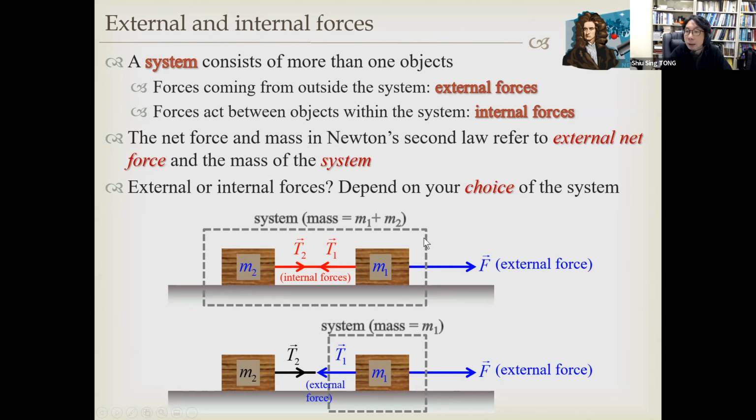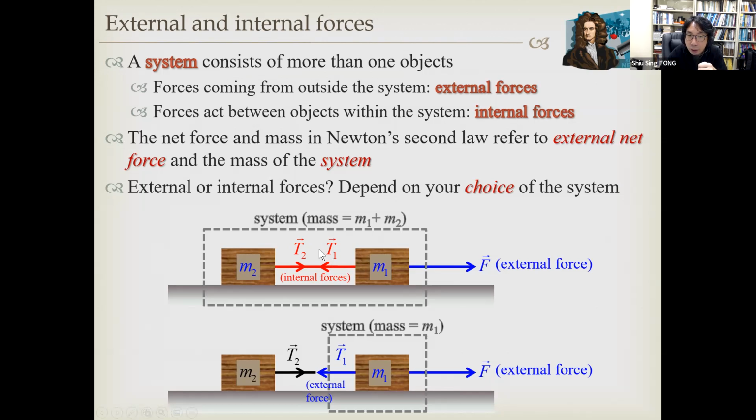If we define the system as the block M1 added to M2, looking at the two blocks as a whole, then the only net external force will be the force F. The interacting force between the two bodies, namely the tension in the string, will not be an external force, because this is the force between objects within the system.